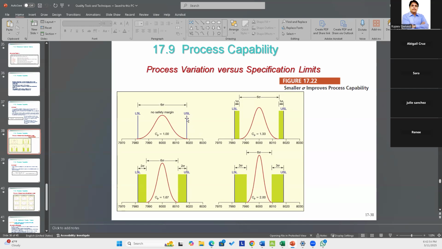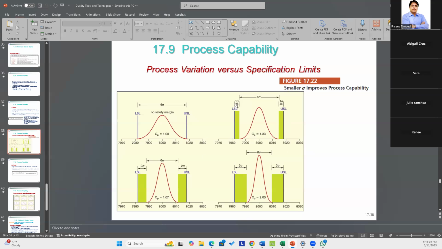Barely any margin is there. Are you getting me? If this is the situation, you don't have any margin. With any little change or disturbance, your process may be out of control, and you will have defects and quality may not be there.